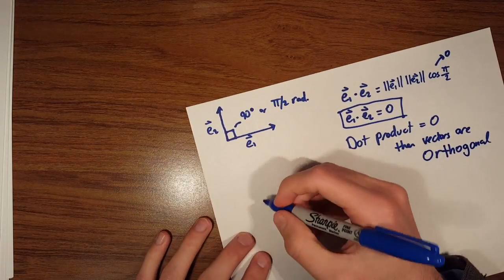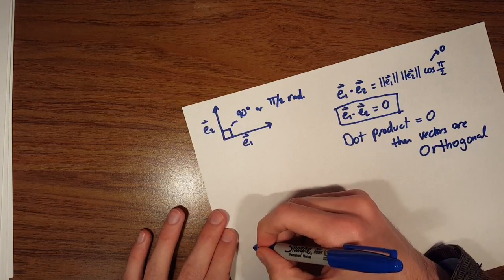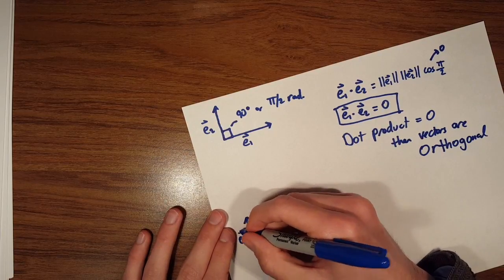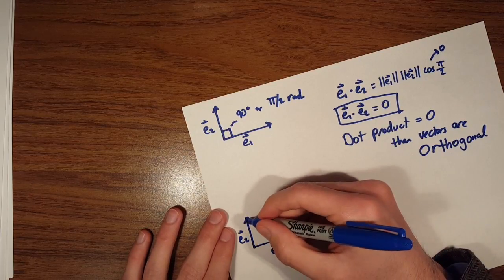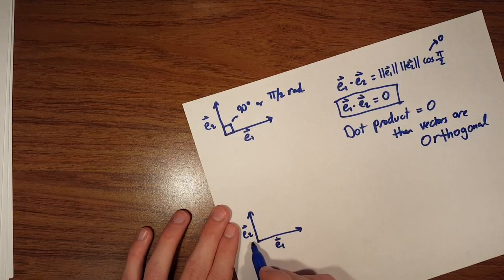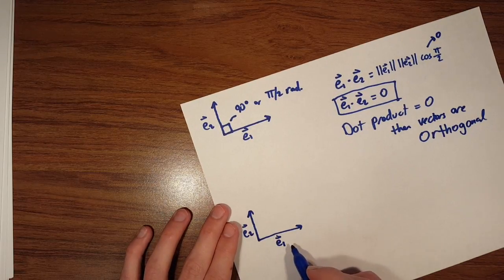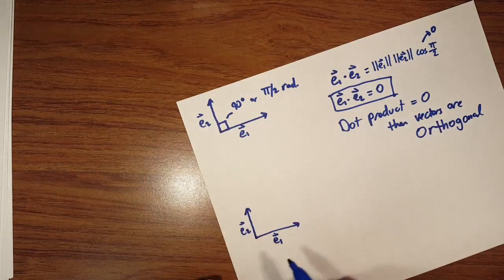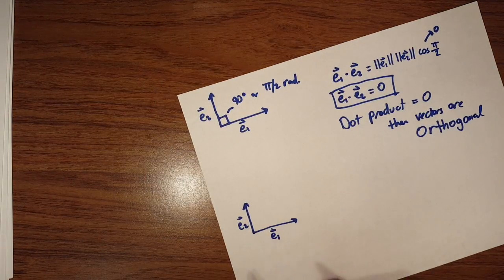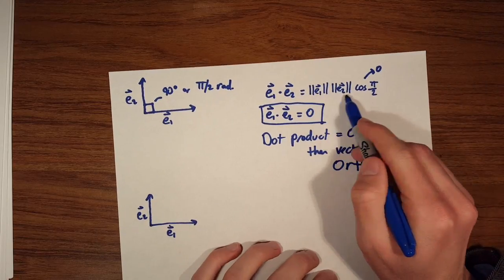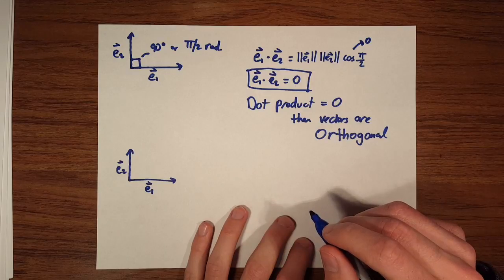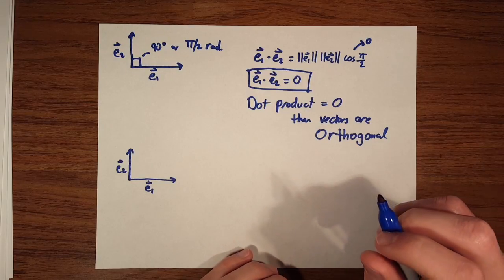An intuitive way to see this is that they're 0 because there's no projection of E2 onto E1 and vice versa. See, E2 goes in none of the same direction that E1 goes. So the dot product kind of measures how much the two vectors sort of overlap, and here there's no overlap, so the dot product is 0. And note that the dot product is 0 no matter what the lengths of E1 and E2 are.